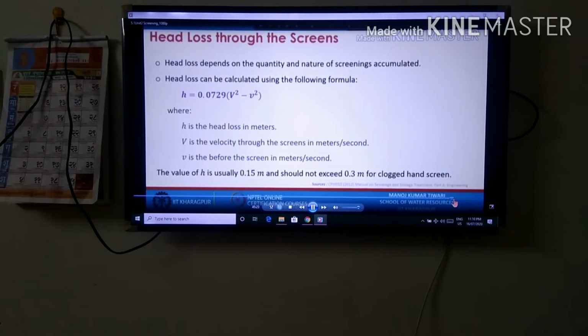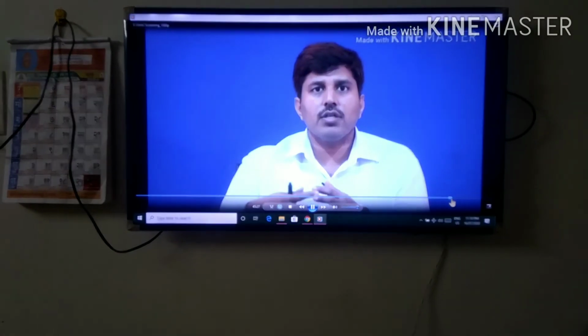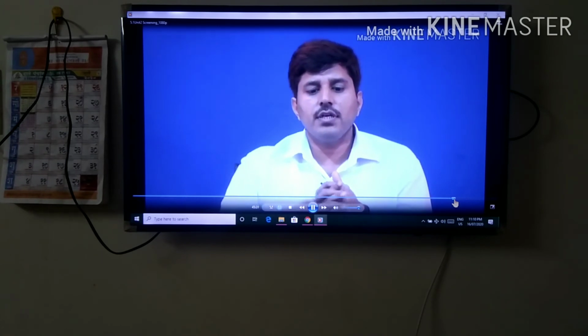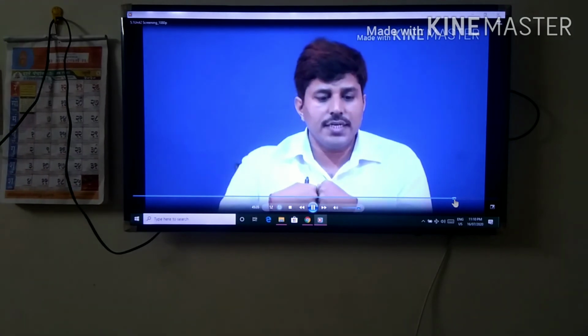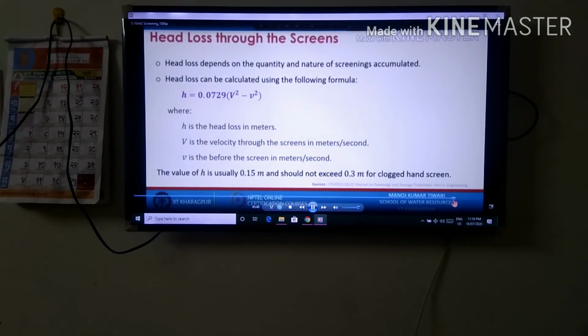Now, when the flow goes through the screens, there will be head loss, which is bound to happen. This head loss depends on the quantity and nature of the screenings that are accumulated. The head loss can be calculated using this typical formula, as recommended by the CPHEEO.